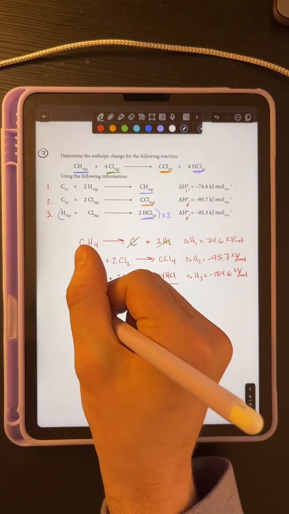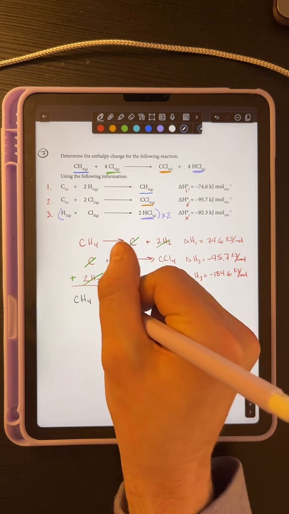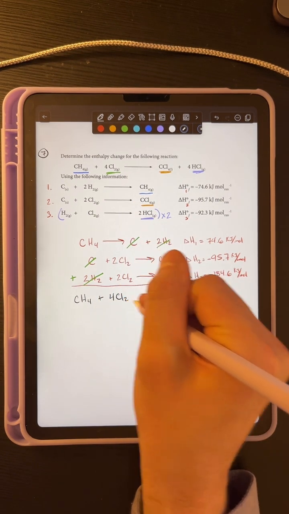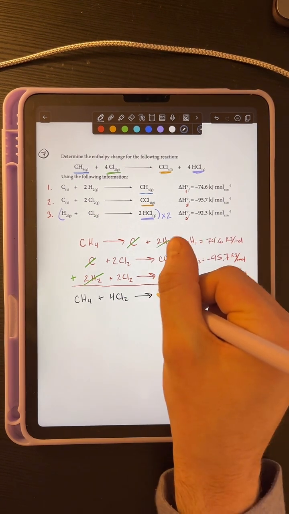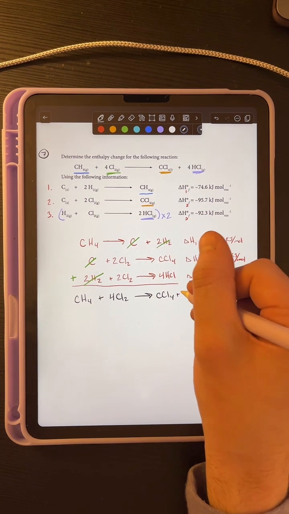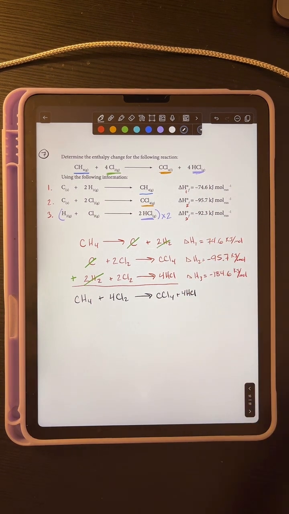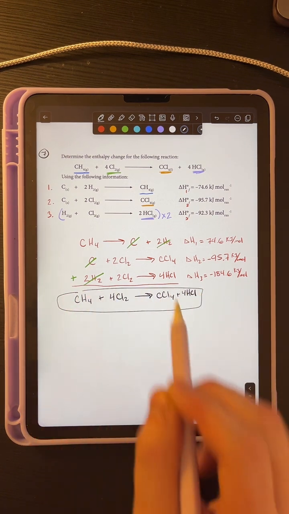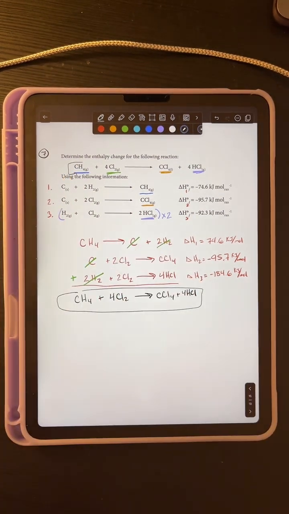So our overall reaction becomes CH4 plus 2Cl2 and 2Cl2 is 4Cl2, goes to CCl4 plus 4HCl. And what do you know? That right here, our overall equation that we found, is the overall equation up top.